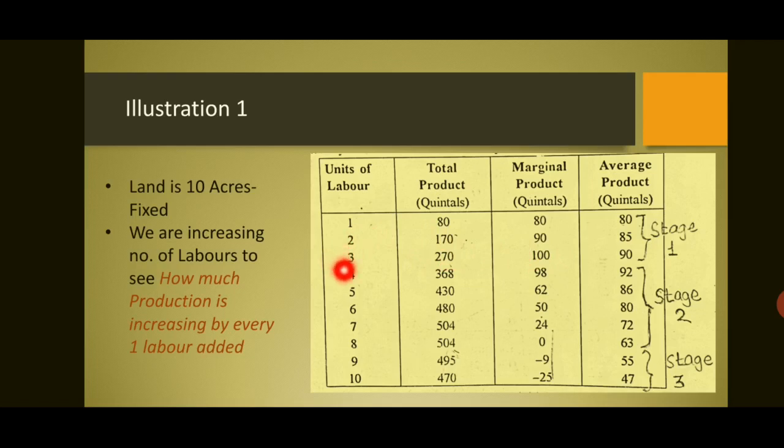As we have added one more unit of labor, we have got hike in 100 quintals. So it is a marginal product.